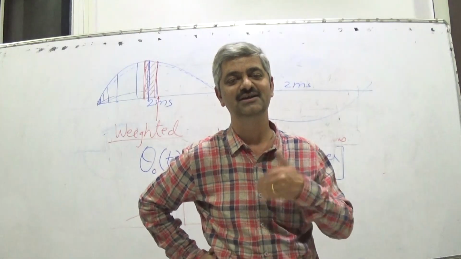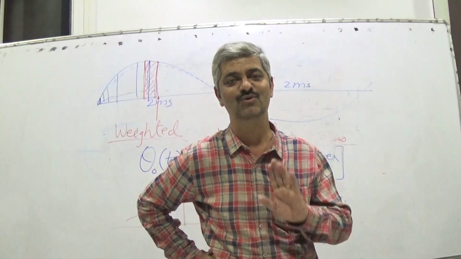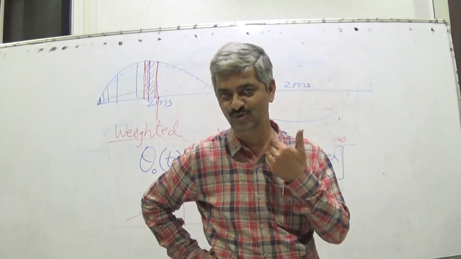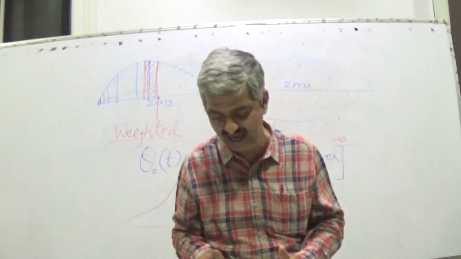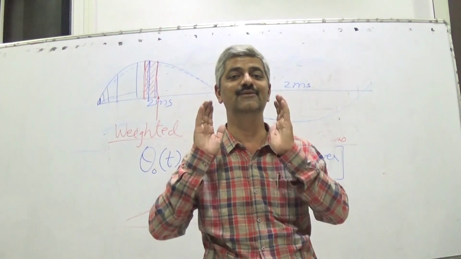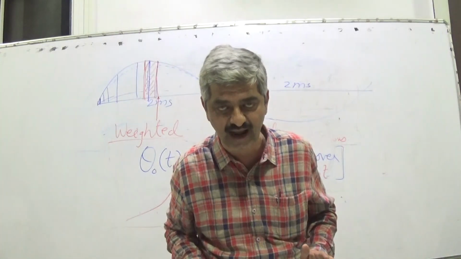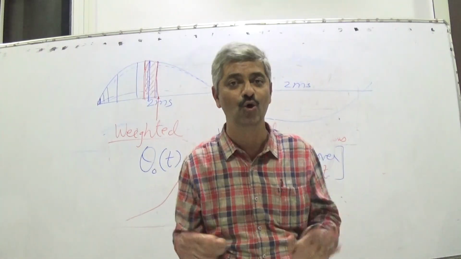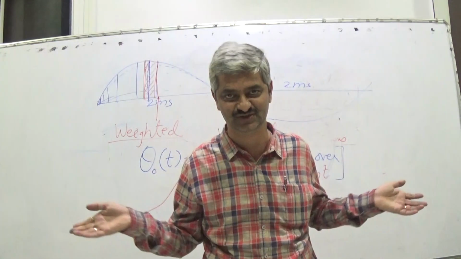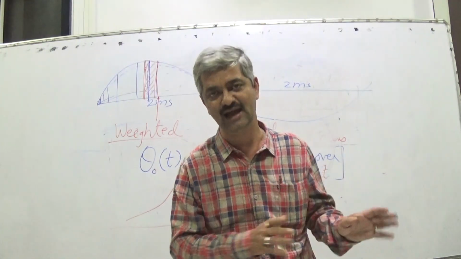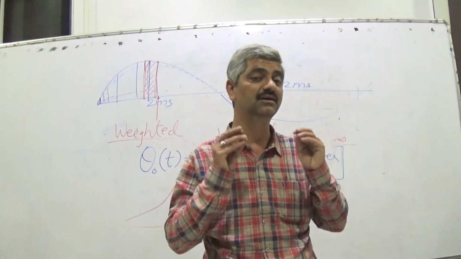Because current is the rate of flow of charge. Similarly, flow is the rate of flow of actual water. So actual water quantity is charge, water level is voltage, and water flow, you might know now as Q6, that is quantity per time. Water flow is current.